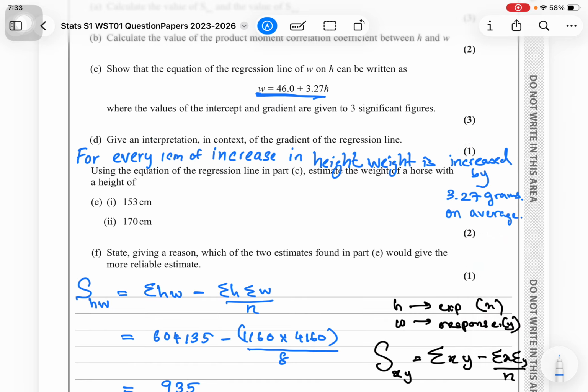This is the way you state the interpretation in the context of the given variables.